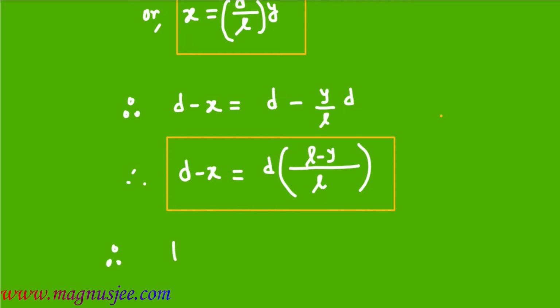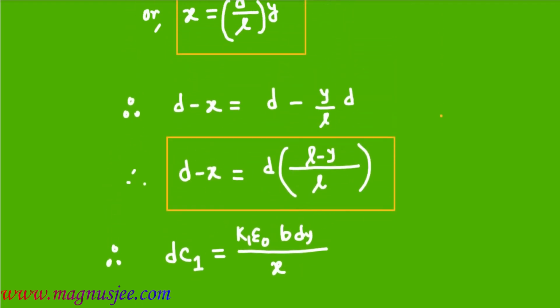So dC1 will be equal to, it was k1 epsilon 0 b dy divided by x.